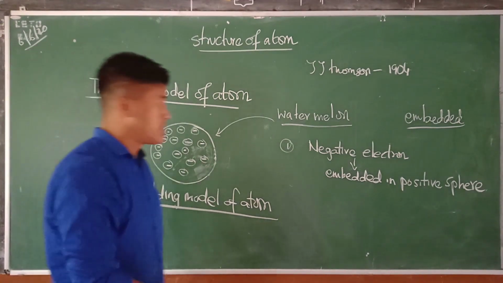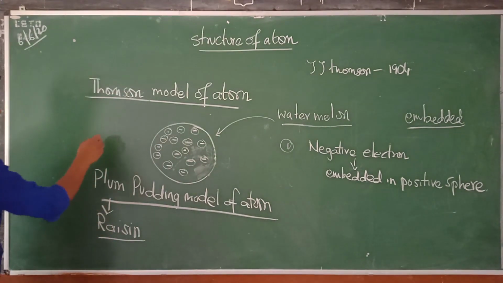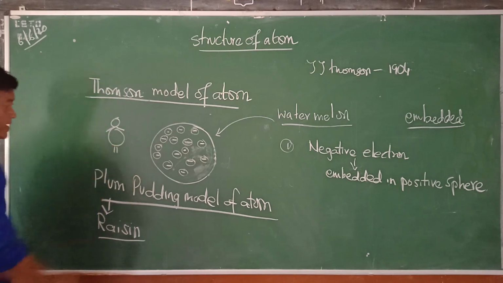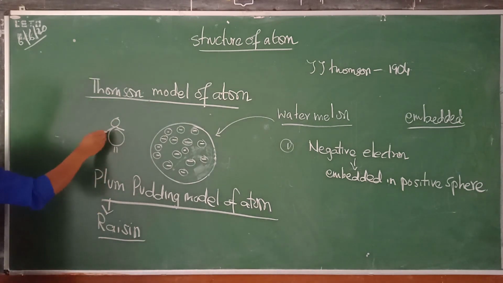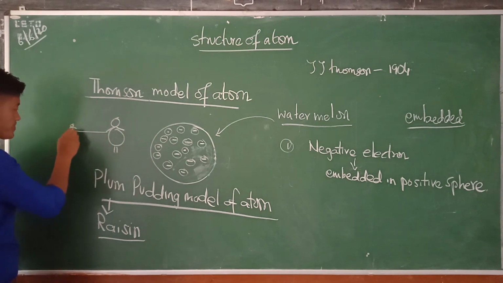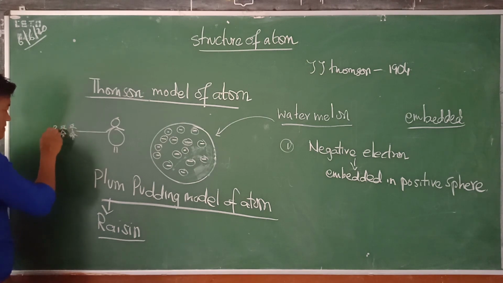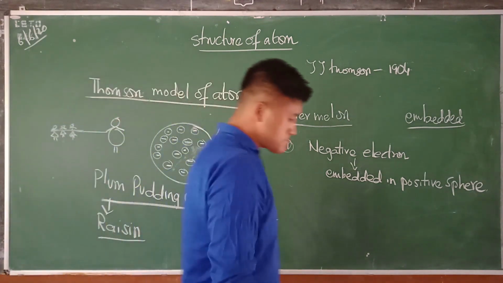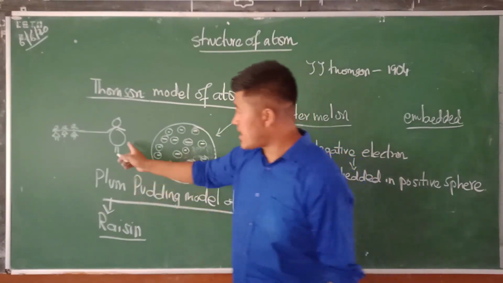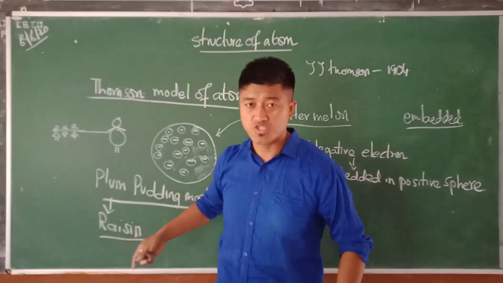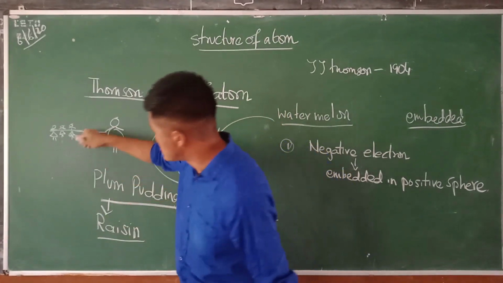Understand? For example, let me give you one small analogy over here. There is a guy pulling a rope, playing a tug of war with three small girls. Okay, let's write 4 here.